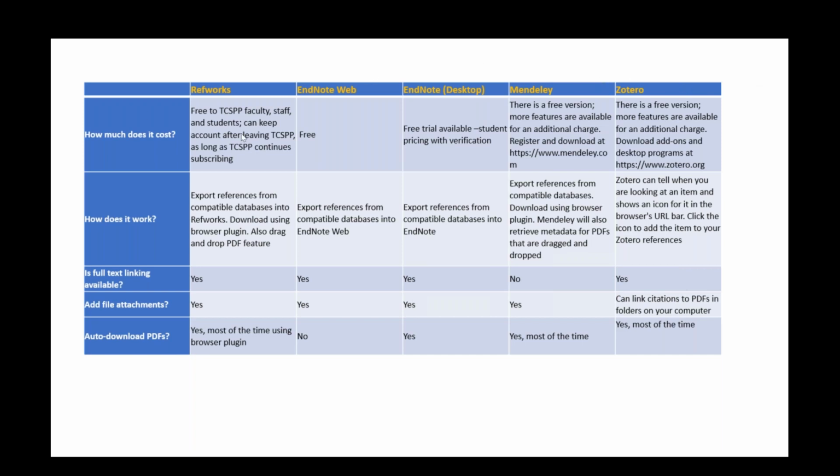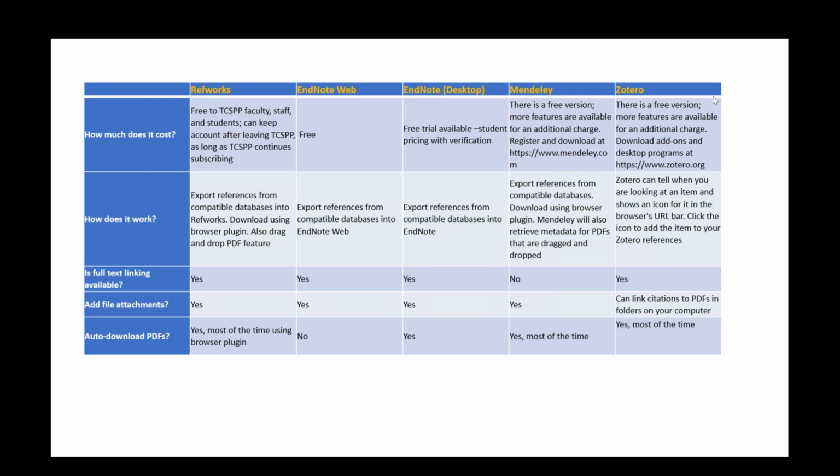RefWorks is free through the Chicago School. EndNote Web is also free. There's a desktop version of EndNote that is free for a trial, but then I think there's a subscription fee. Don't remember offhand how much it is, maybe $99 or something like that.